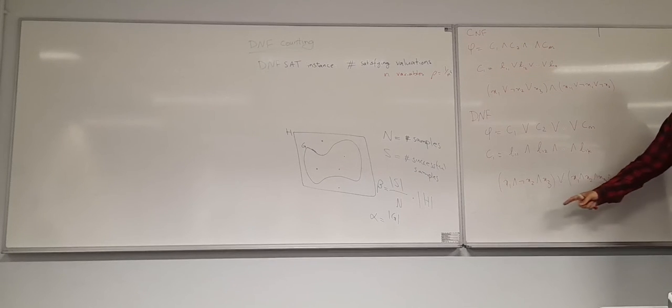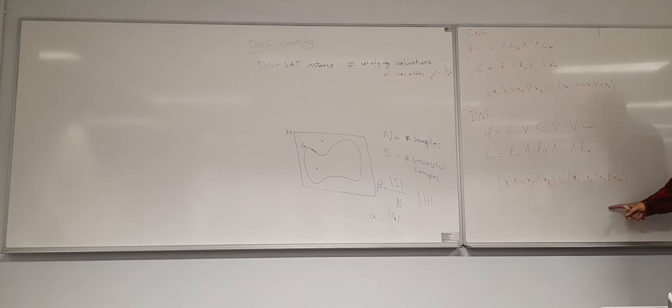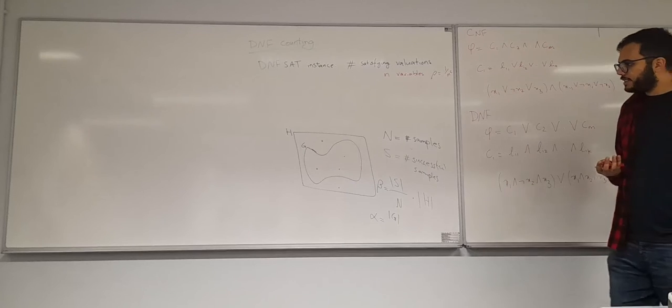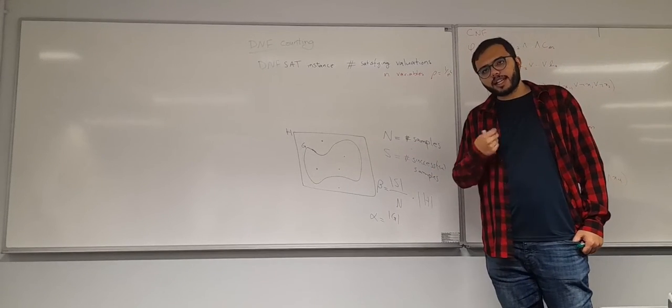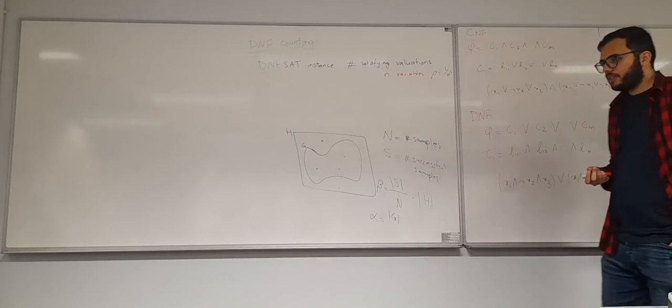I get all the valuations that satisfy this one and all the valuations that satisfy this one, and these will be exactly the set of valuations that satisfy the whole formula. But my problem is that it's not just about creating these sets, it's also about sampling from them, right?